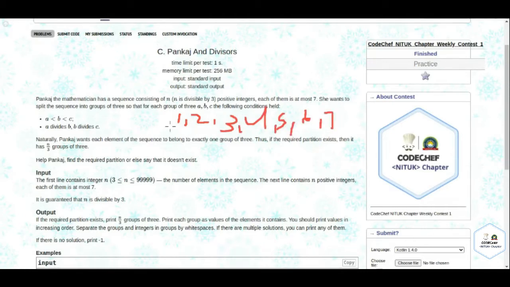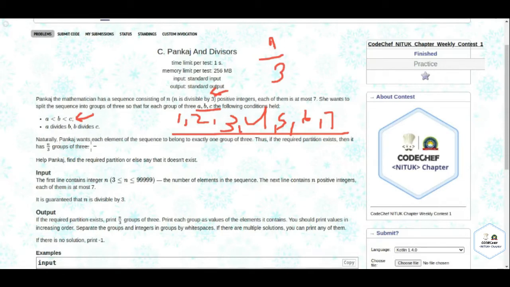These n numbers will belong to this set only. And she wants to split the sequence into groups of 3, so that each group has 3 numbers. Because n is divisible by 3, after division we will have exactly n by 3 groups. The condition is that a is less than b, less than c, so the numbers should be distinct, and a divides b and b divides c.